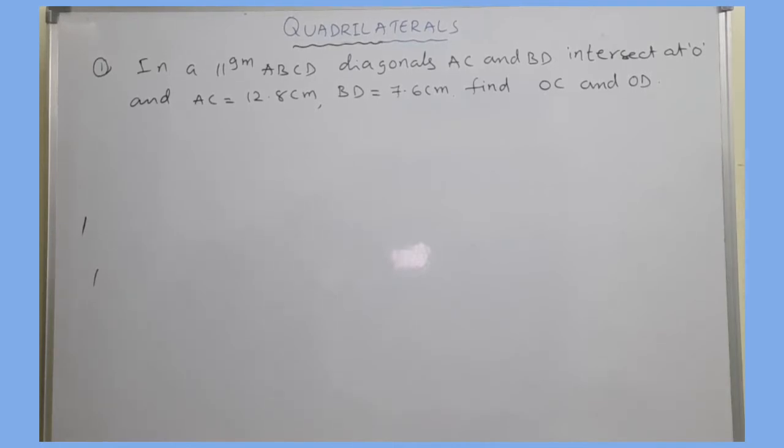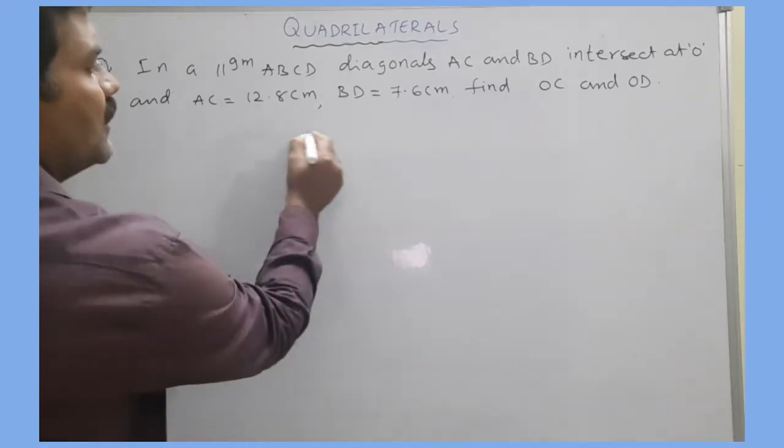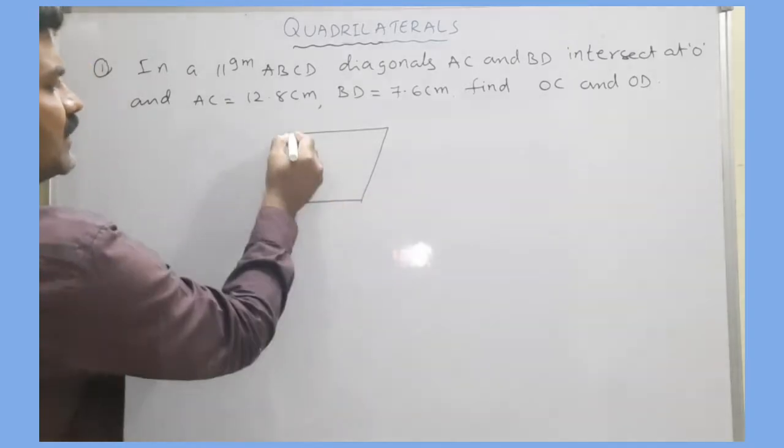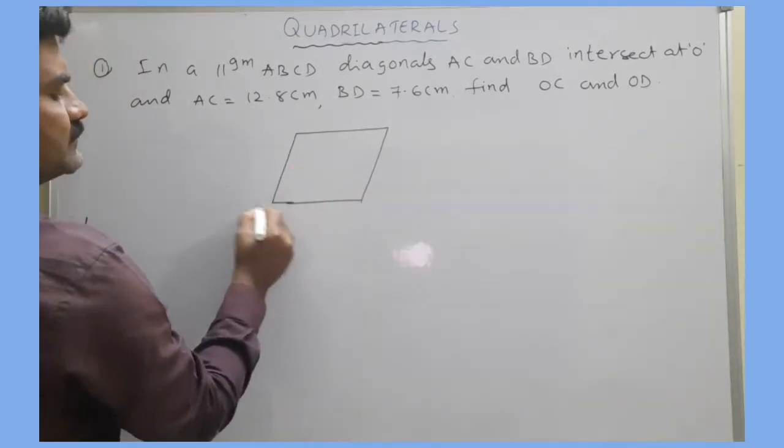Look at that. What are the things given here? In a parallelogram ABCD, the diagonals. So let it be the parallelogram ABCD.